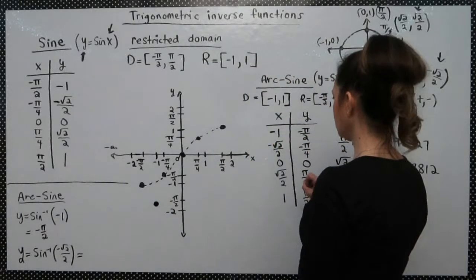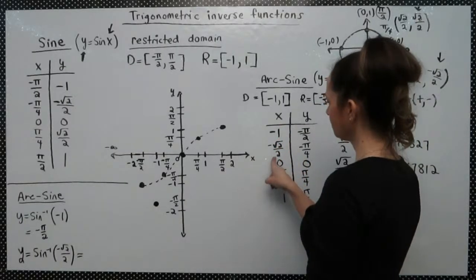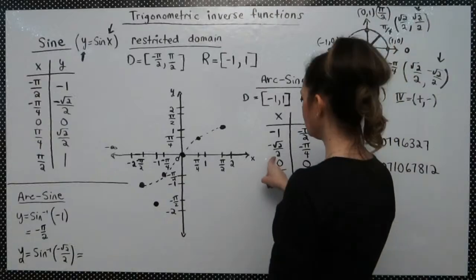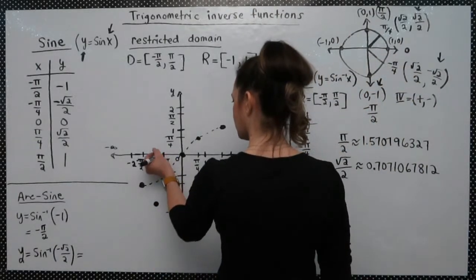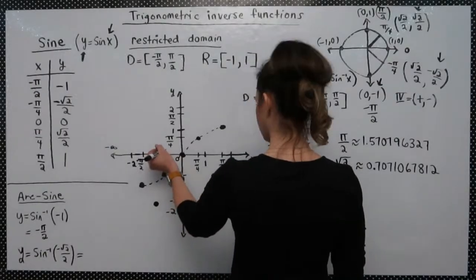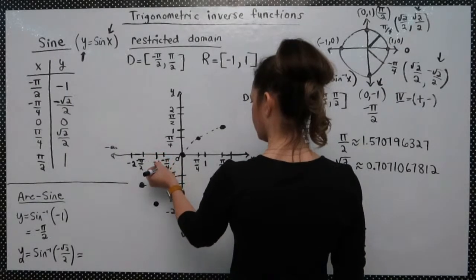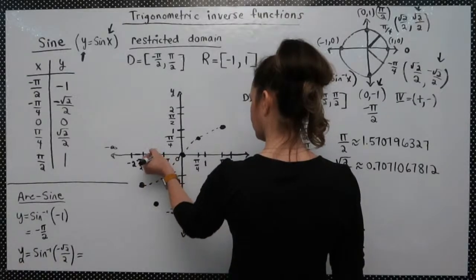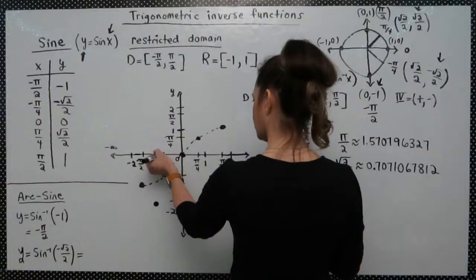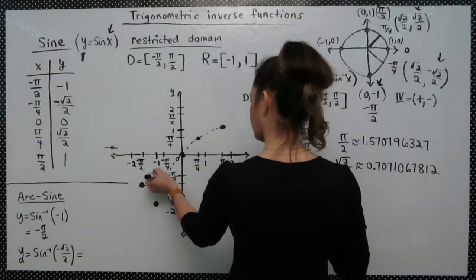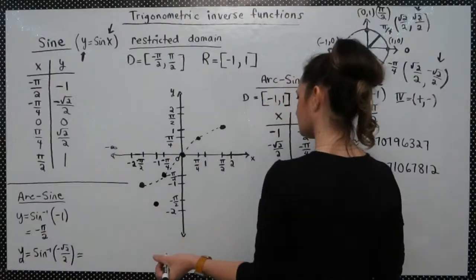And let's see, we've got negative radical 2 over 2 was 0.7. So that was right in here. Negative radical 2, negative 0.7. And then we've got negative radical 4. Same point on there. We've got that one.